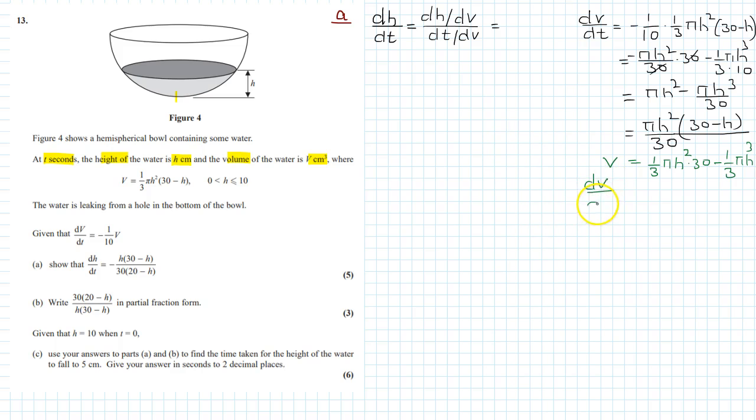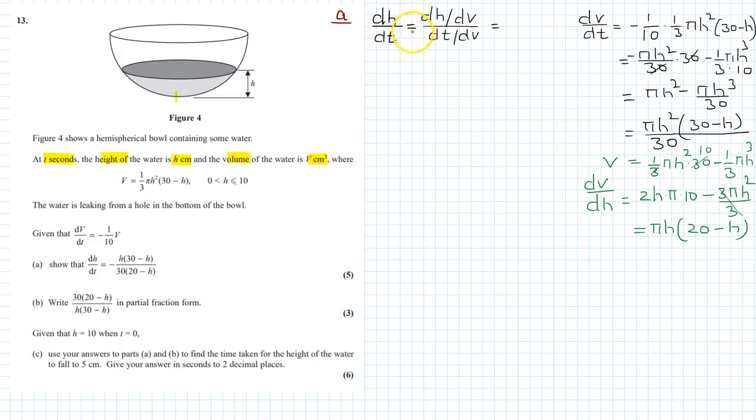So dv over dh is 2 h pi times 10 minus 3 pi h square over 3. So this cancels. If I take pi h common, this is equal to pi h times (20 minus h).